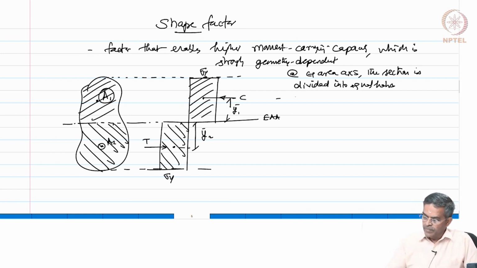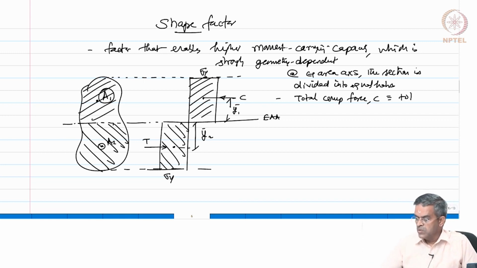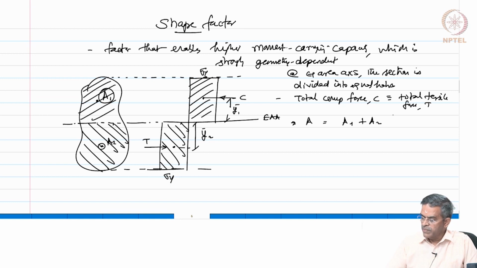So, the total compressive force is equal to the total tensile force T. So, I can now say the total area A is A1 plus A2. Can I say this as A by 2? That is, we can also say A1 is equal to A2, which is A by 2.